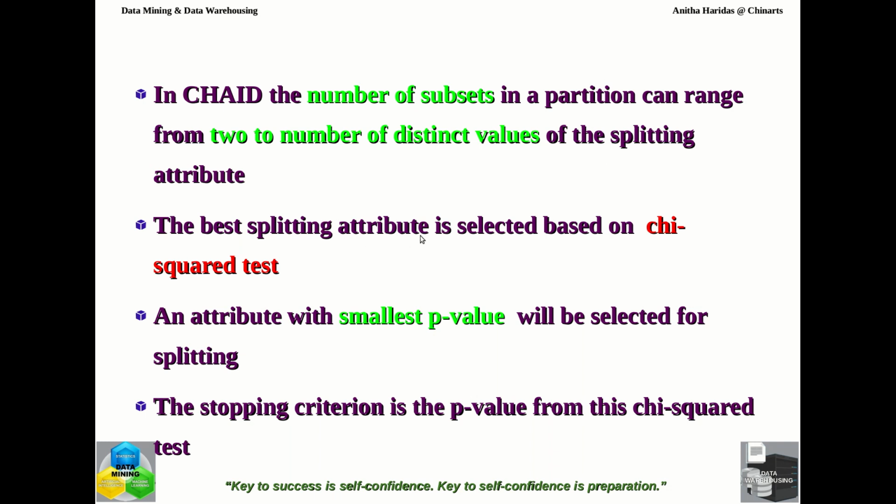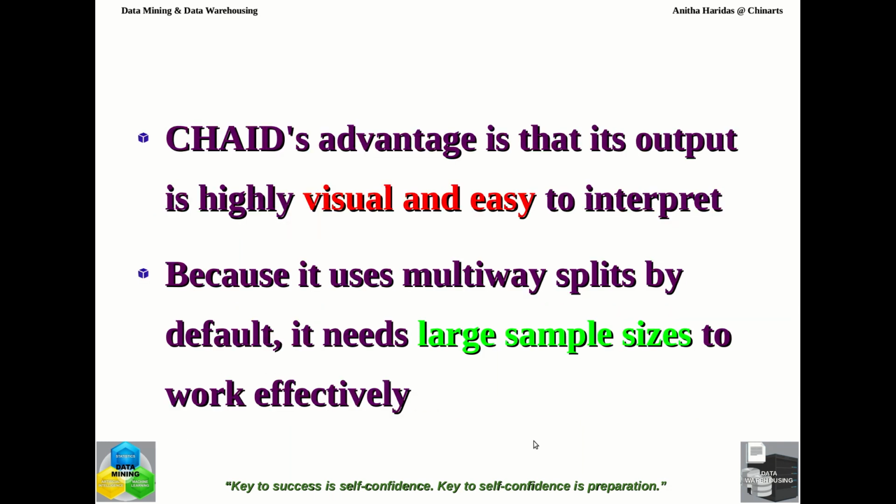And the best splitting attribute is selected based on the chi-square test, and the attribute with the smallest p value will be selected for splitting, and the stopping criterion here is the p value from this chi-square test. The advantage of CHAID is that its output is highly visual and easy to interpret. The output of the CHAID algorithm gives you a very understandable decision tree.